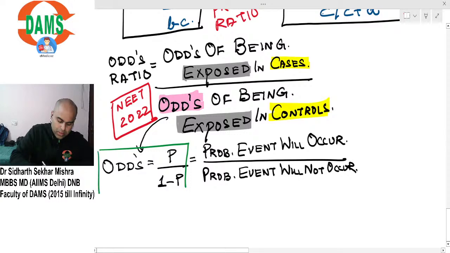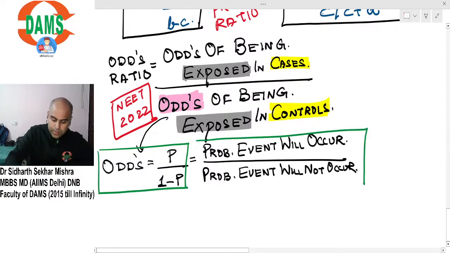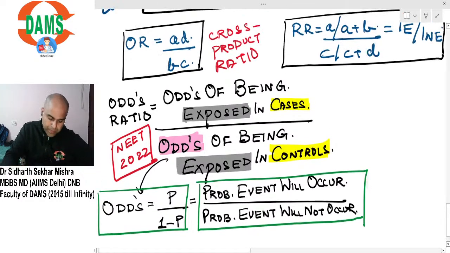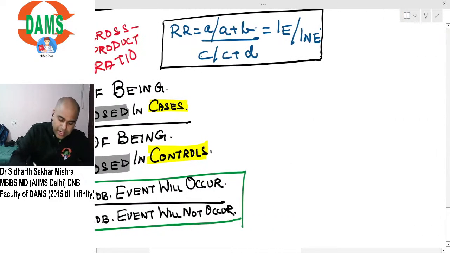Yes, so this is the meaning of odds. Yes, guys, no doubt in this. Now, let us look into relative risk.